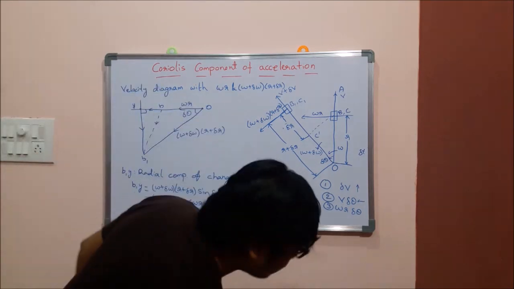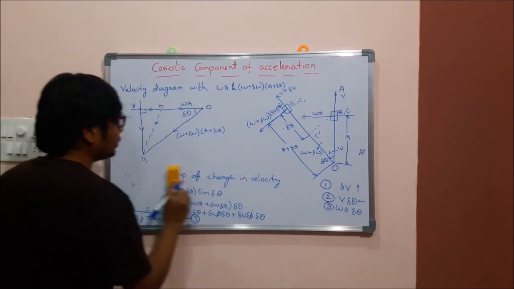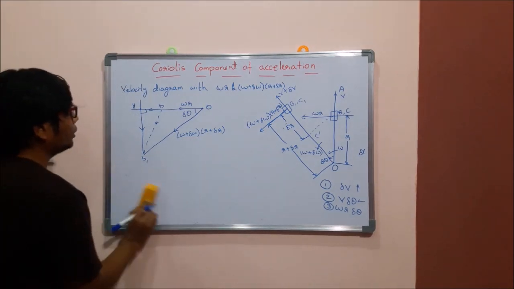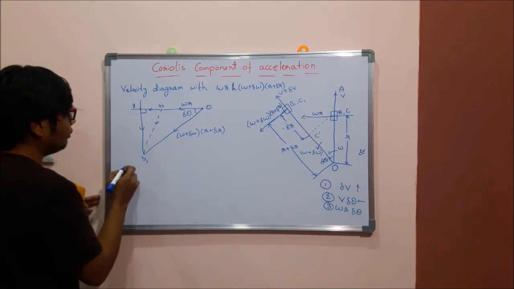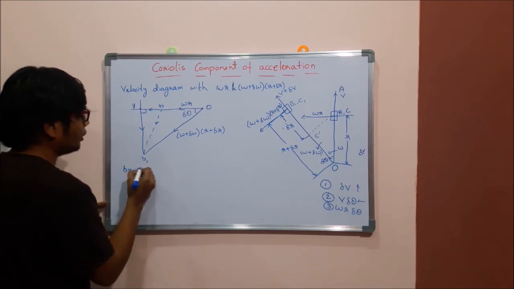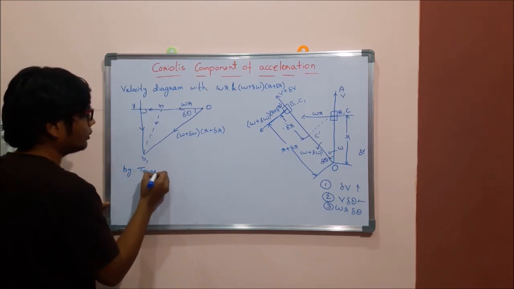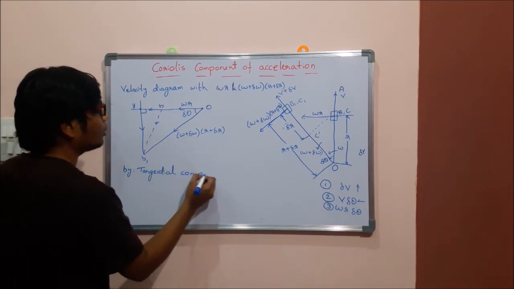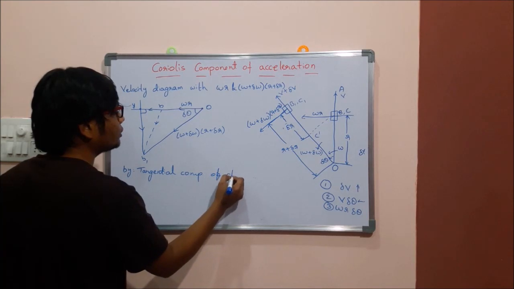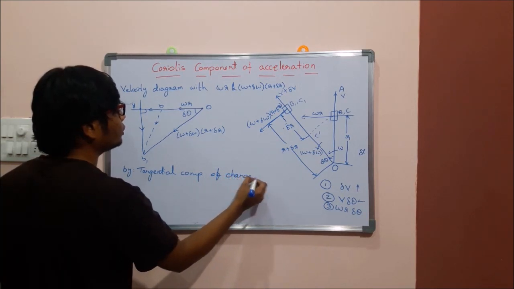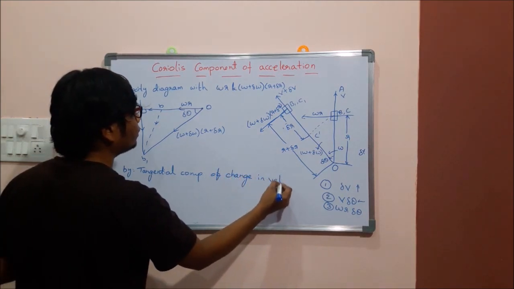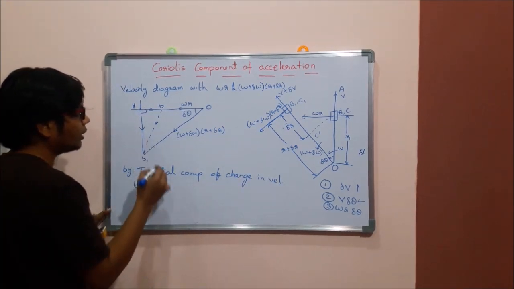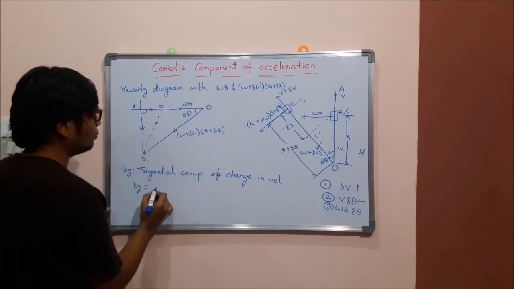Next we go for the tangential component. What is the tangential component here? That is By. By is the tangential component of change in velocity. This By can be written from the right angle triangle as Oy minus Ob.